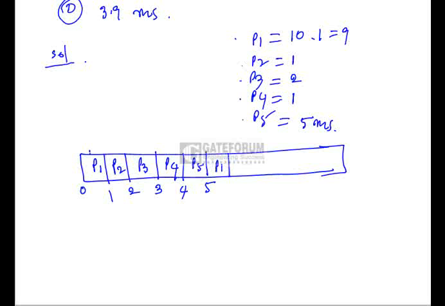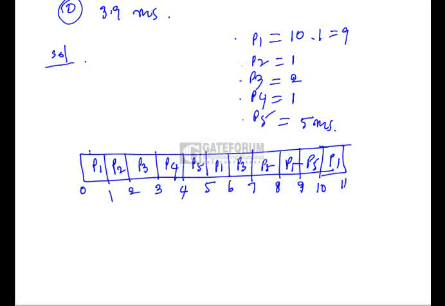P1 again will be taken, up to 6. Again P3 up to 7, then P5, because P4 is already finished within a single slot as it requires only 1 millisecond. P5 is up to 8 and P1 is up to 9. Again P5 is up to 10. Again P1 is up to 11.